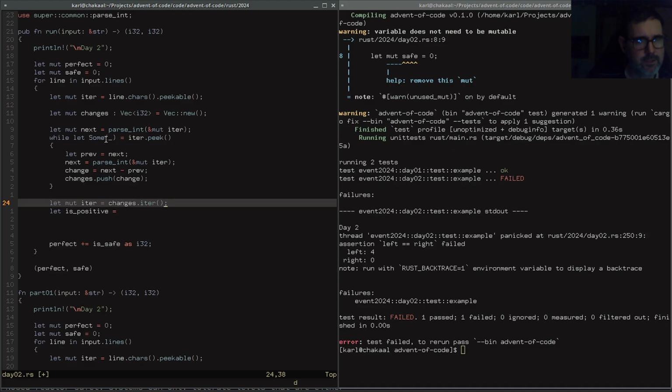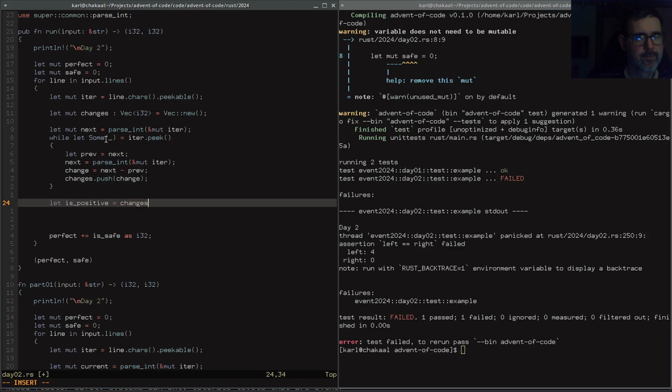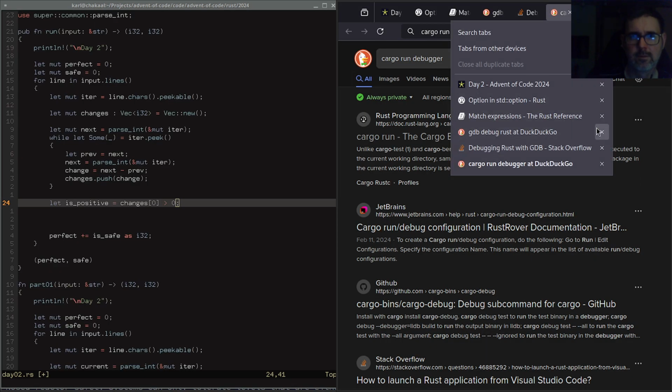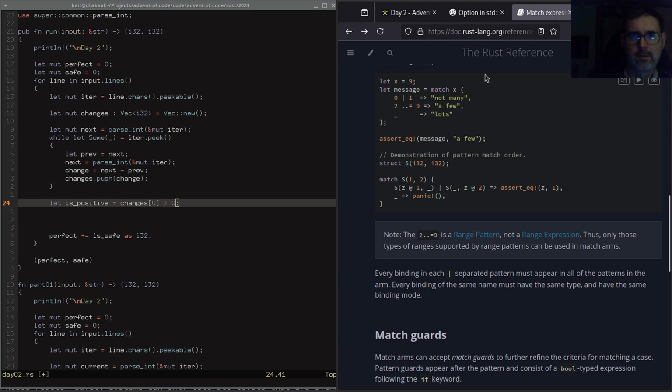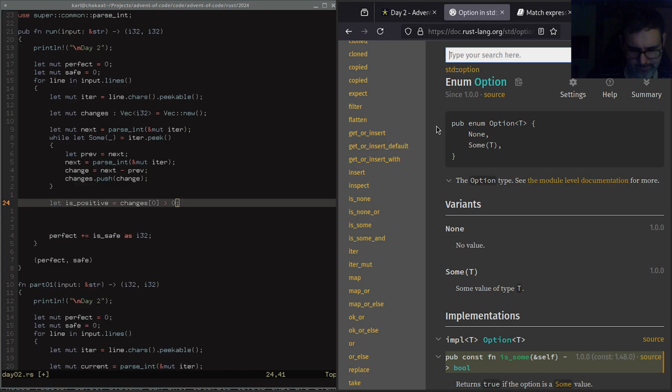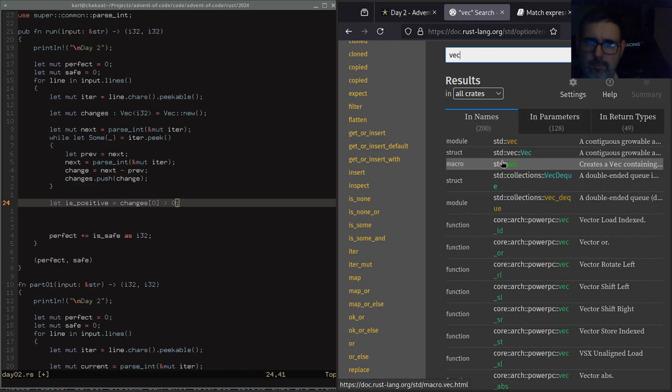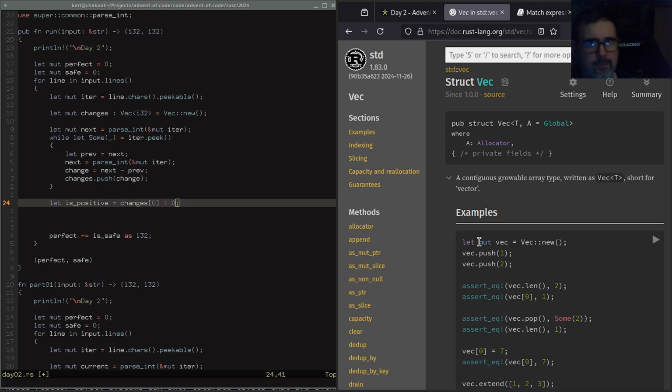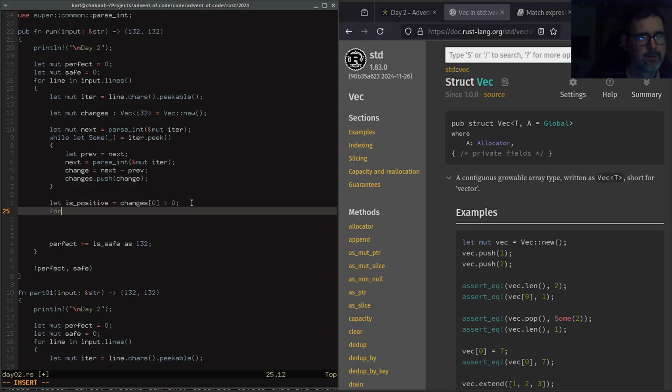Which I guess what I could do is... and actually, I don't even know, do Rust vectors have that? Like I have here? Okay, cool.